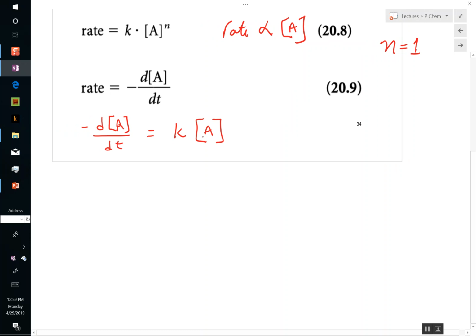Now we can get all the terms for A on one side of the equation and the t on the other side of the equation. As a matter of fact, as we do this, let's just carry the negative over there with it. So dA divided by the concentration of A equals negative k dt.